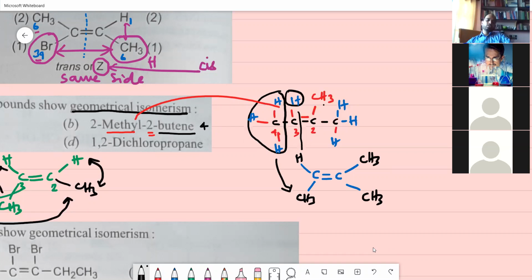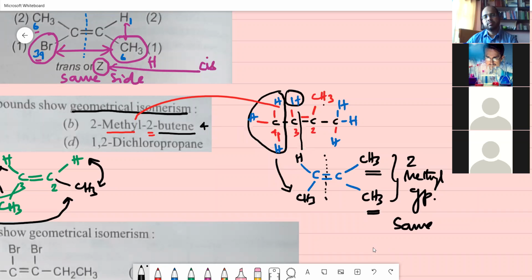Okay. Can this show geometrical isomerism? Now here you have the same CH3 on the same side. Two methyl groups, same side of the same carbon atom.